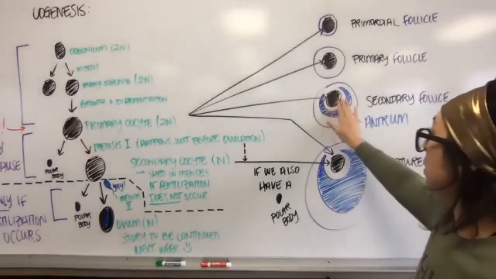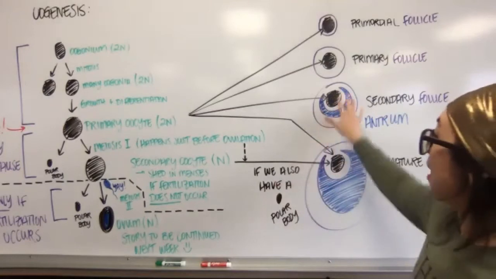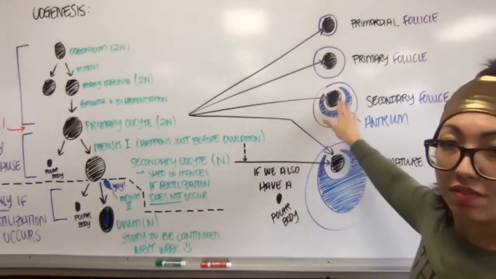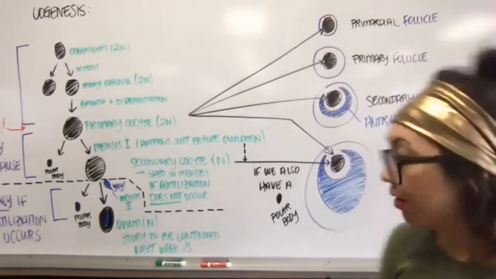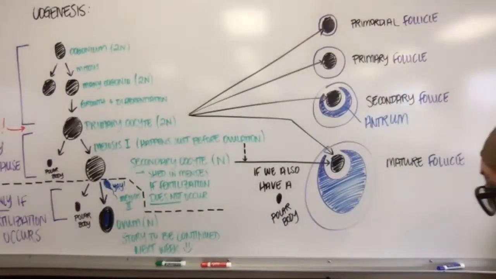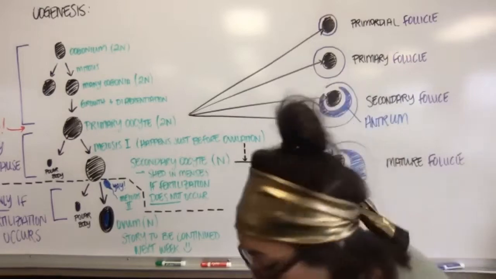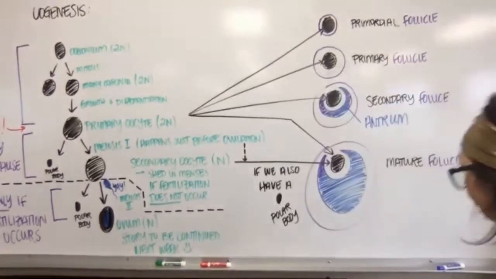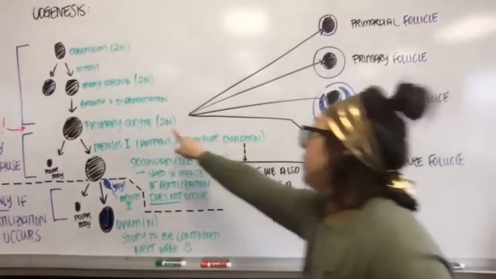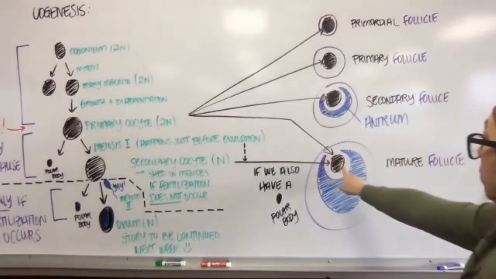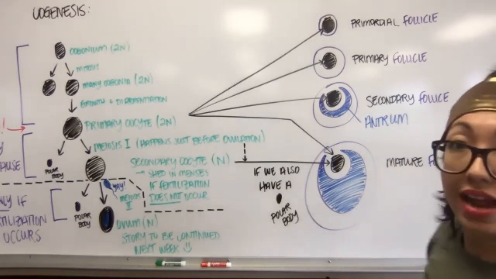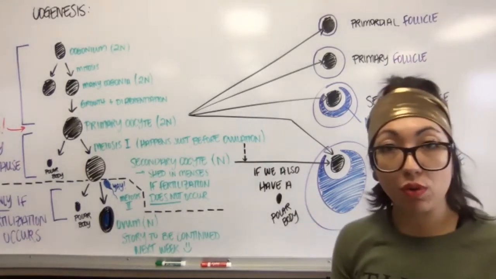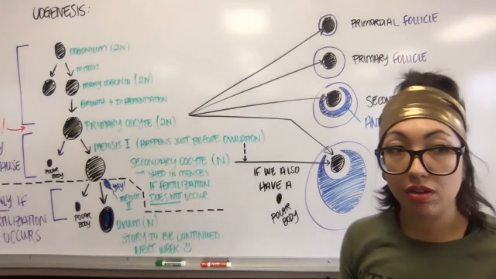If the oocyte is kind of centralized still and you just have a little crescent moon of antrum, it's likely to be a secondary follicle. We still have a primary oocyte, but a mature follicle is the last stage right before ovulation.